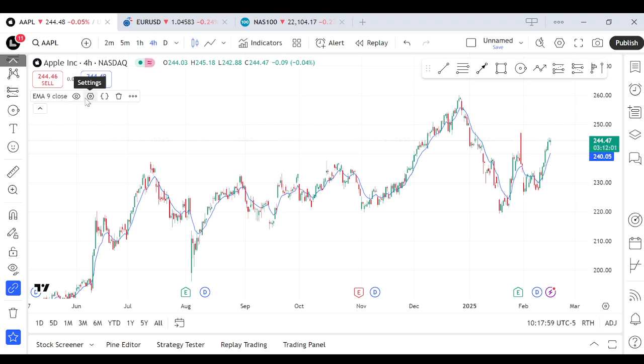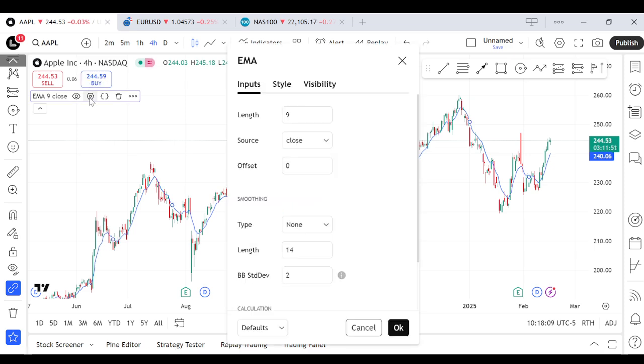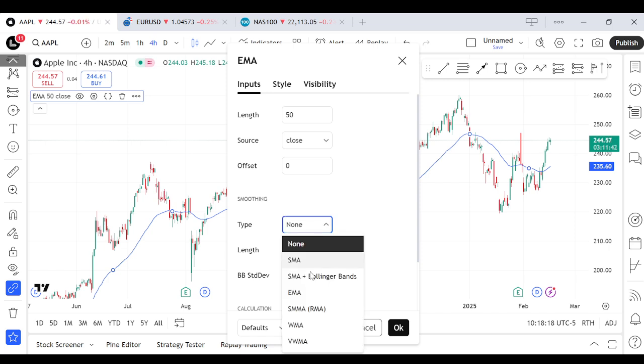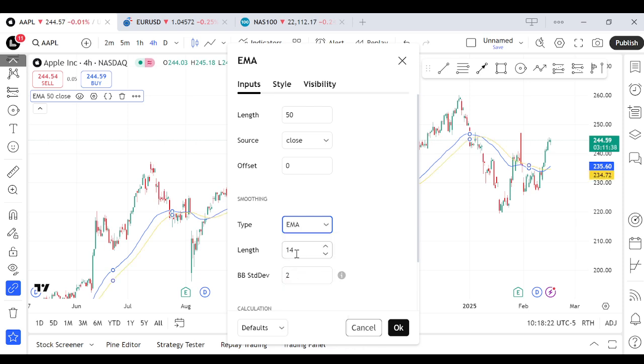So first we have our moving averages, which we're going to be using, the 50 period EMA and the 200 period EMA. So I'm going to quickly set that up. First, we have the 50 period moving average here, and next we have another EMA, the 200 period EMA.